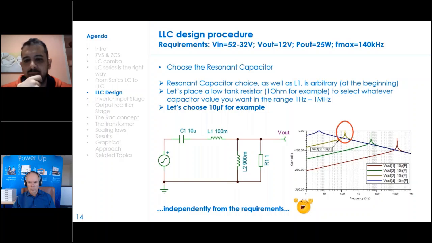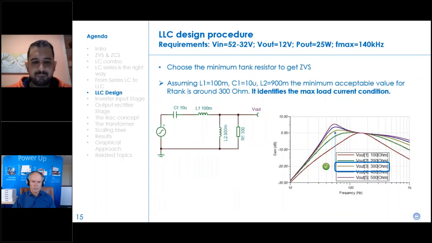Here, for example, I swept the capacitor from 10 pico to 10 milli, and I have selected this cap, 10 micro, okay? And I have done that independently from the requirements. So independently from the requirements, I have selected 3 random values for C, for smaller L, and for the greater L.